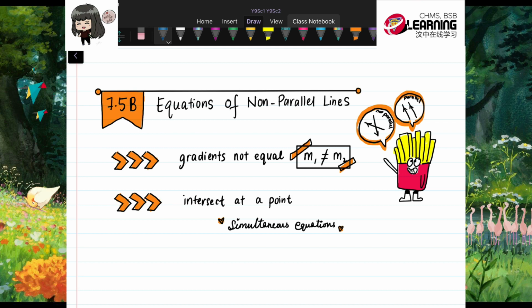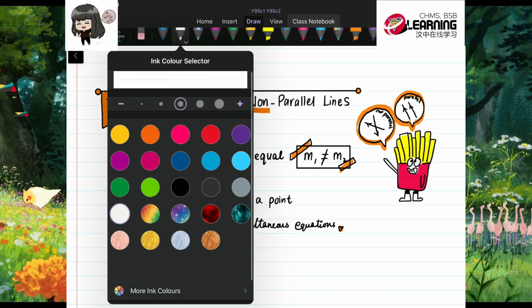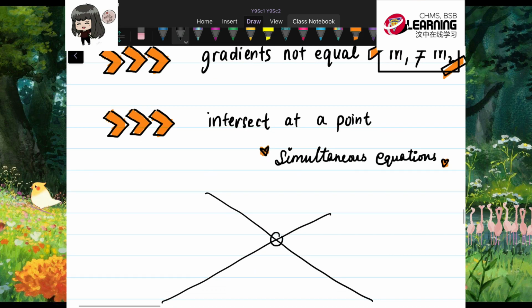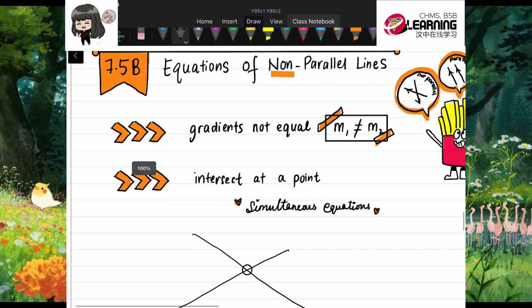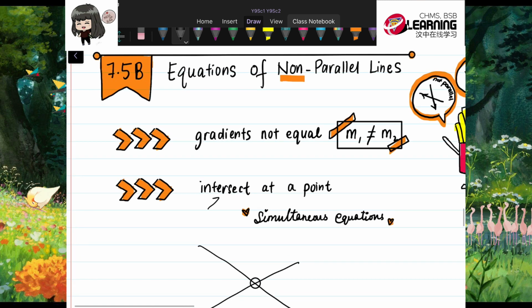For equations of non-parallel lines, the word non-parallel means if you have two lines that are not parallel, definitely they will touch at one point. You can say they intersect at a point, or they meet at a point.